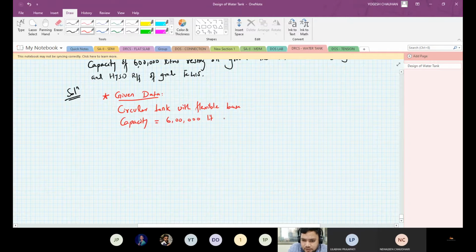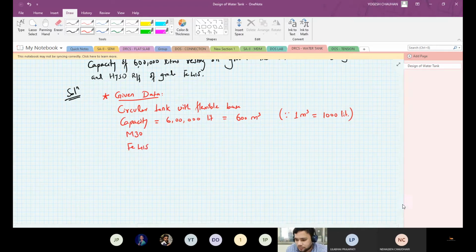Now 6 lakh liters means it is 600 meter cube. It should store water of 600 meter cube, because 1 meter cube of volume equals 1000 liter of water. We have been given the grade of concrete as M30 and reinforcement as Fe415.